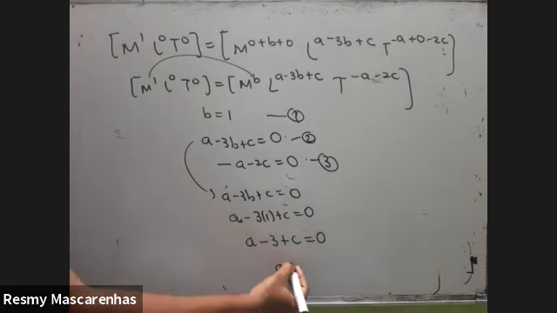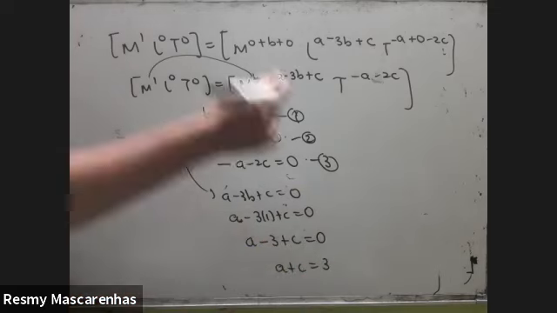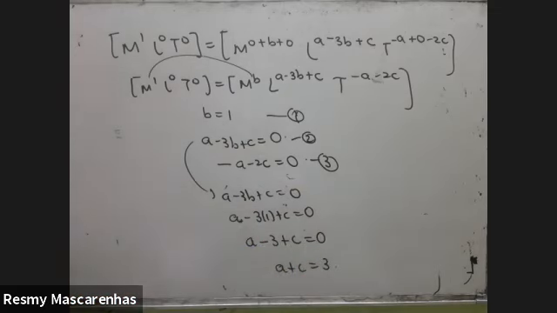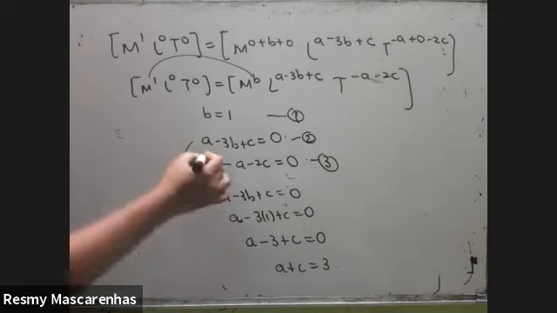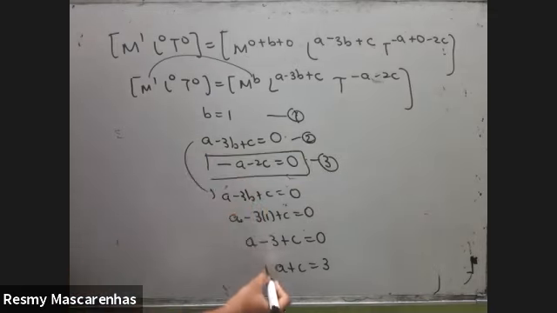A plus C equals 3, and minus A minus 2C equals 0. So see, both of them are in terms of A and C.